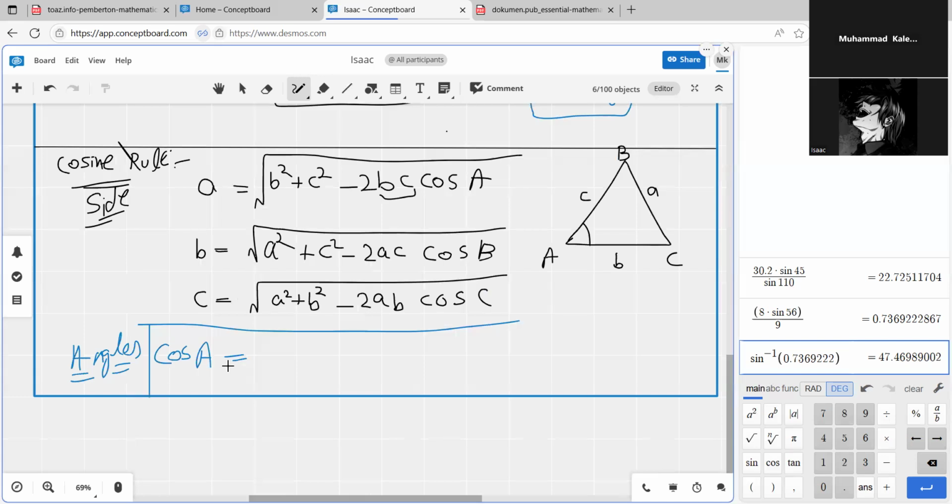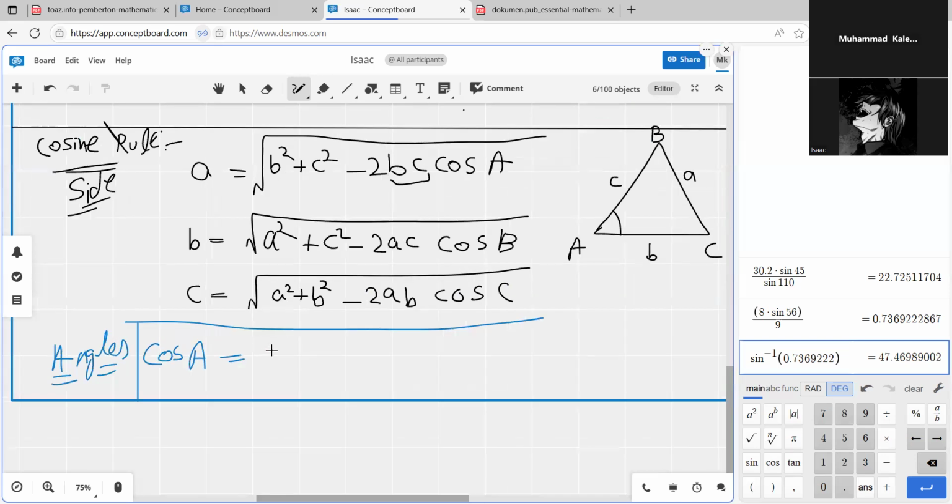We have to say cos A is equal to, just rearrange this formula: b square plus c square minus a square over 2bc. This is the formula to find the angle A.